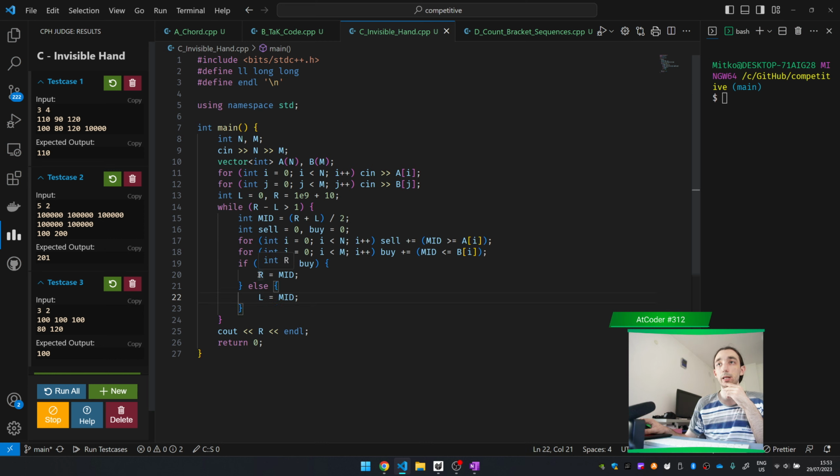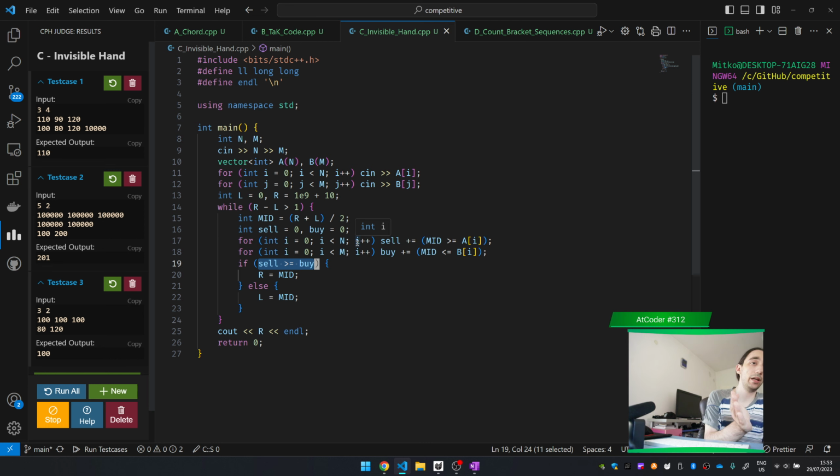What I'm saying is that this will execute when this is valid, and we want to minimize R. We want to move R because we want to minimize, not maximize. We want to find the smallest point at which that will happen.